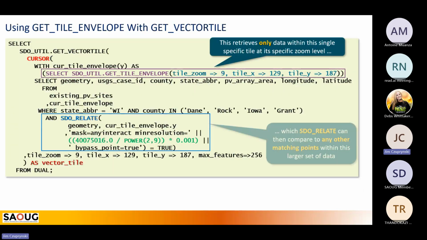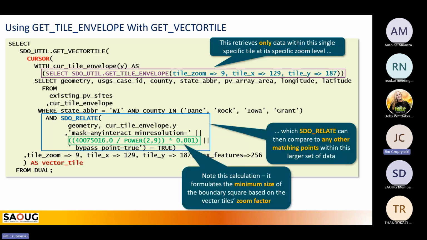Finally, one last thing, a quick intro into get tile envelope. What have I got here? Well, when I say select SDO util get tile envelope, what I'm doing is specifying that same tile, zoom level 9, X and Y, you saw the prior example, that's the boundary area.